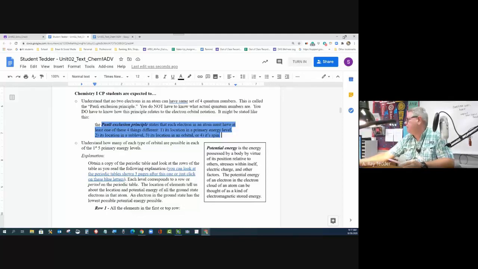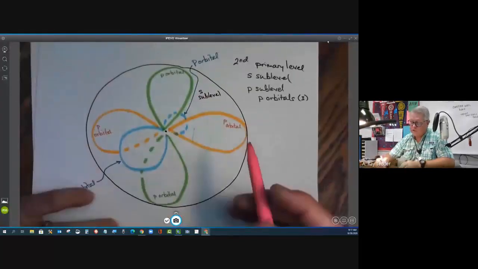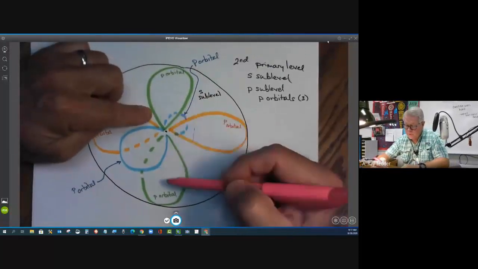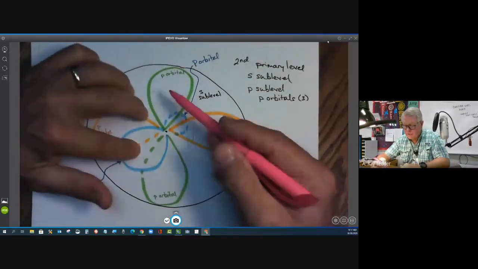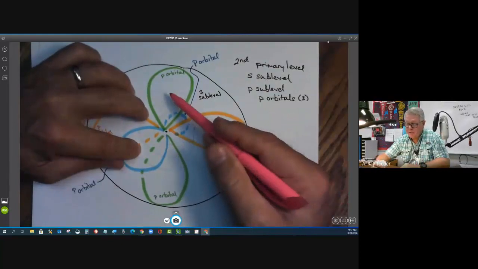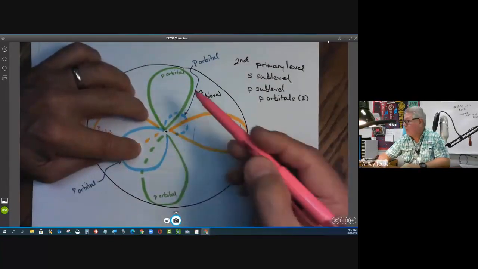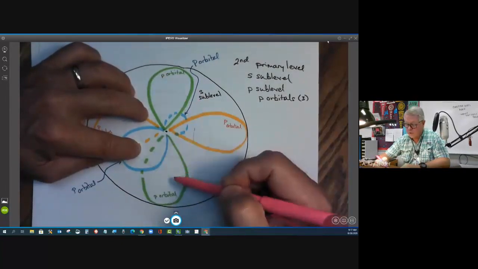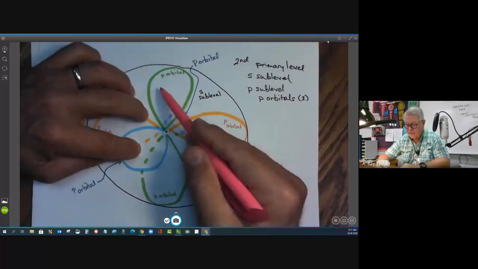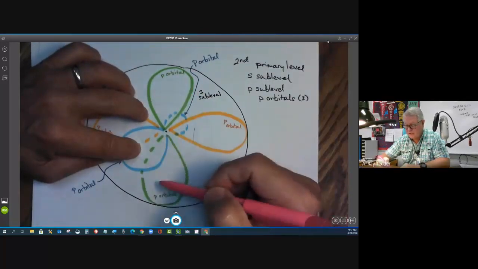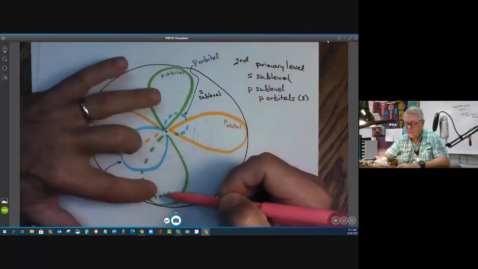Let me go back to my illustration on paper here. So within this orbital here, what I label as a green orbital here, I could put two electrons. So that doesn't mean that one electron is in this antinode and one electron is in this antinode. It means that they are both in here.